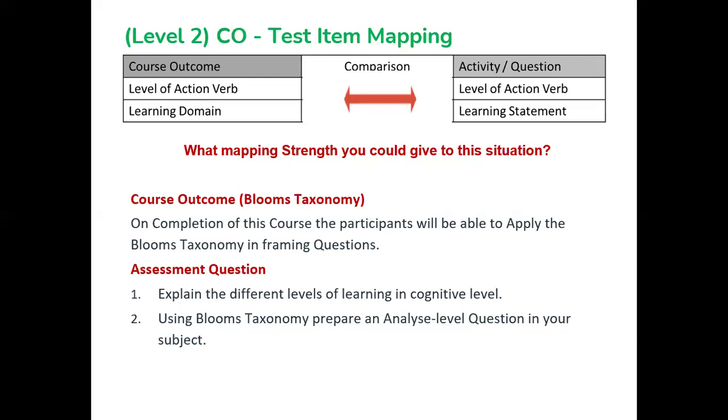With respect to this question, some confirm yes. With respect to this second question, of course, this is an apply level question. If the participant is able to apply Bloom's taxonomy, that means that is my CO.